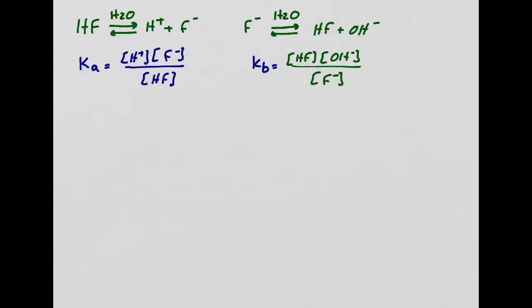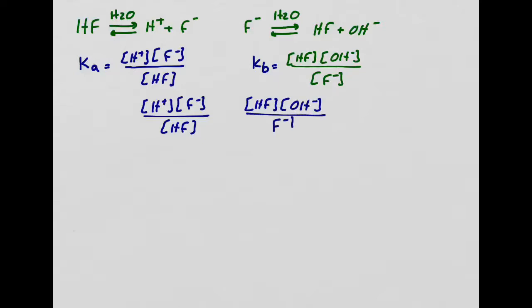Okay. Now, you guys ready for this? Here's what I'm going to do. The Ka for HF was H plus times F minus over HF. And then the Kb for the conjugate of that was HF times hydroxide concentration over F minus.